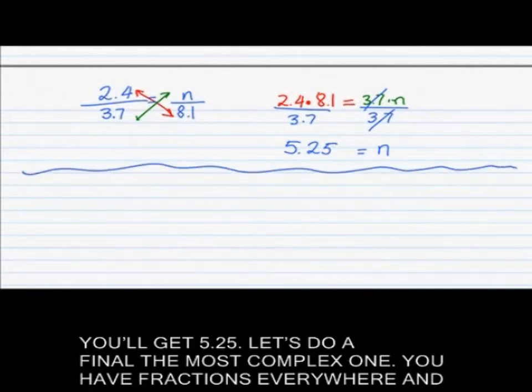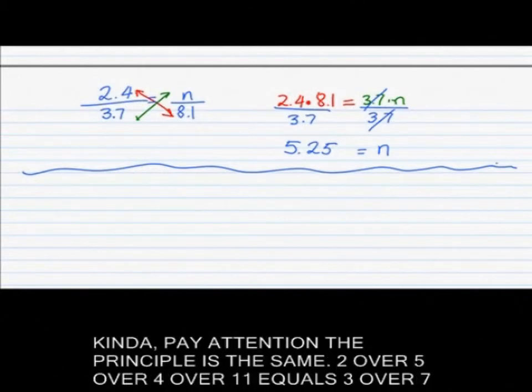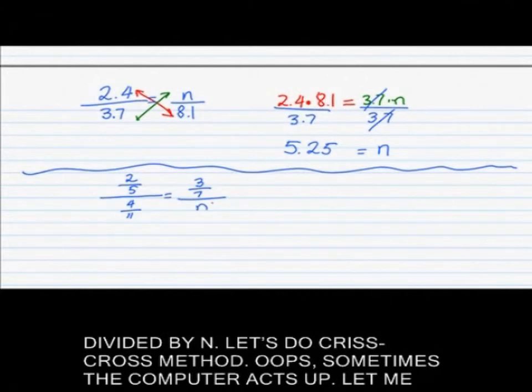Let's do a final, the most complex one. You have fractions everywhere, so pay attention. The principle is the same. 2 over 5 over 4 over 11 equals 3 over 7 divided by n. Let's do the crisscross method.